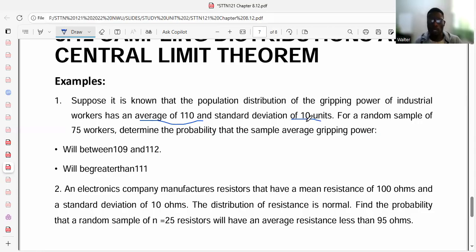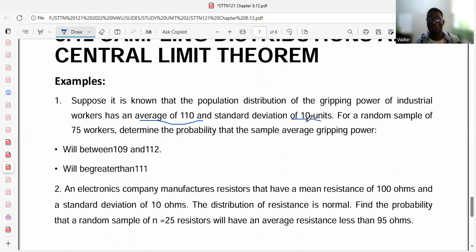I remember, I think it was last semester, there were students struggling to understand the difference between the central limit theorem and the normal distributions. The one for Z is equal to X minus mu, the population mean, and then divide by the population standard deviation.